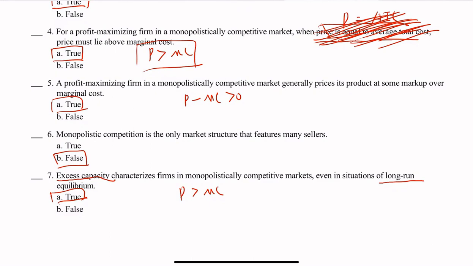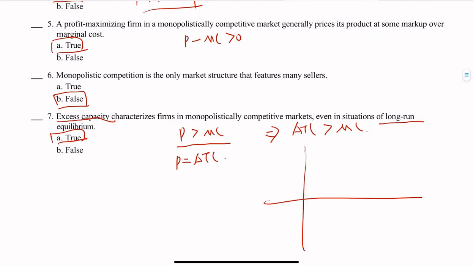Price is larger than marginal cost, and then we know that in the long run, price equals average total cost. So this essentially means ATC is larger than marginal cost.